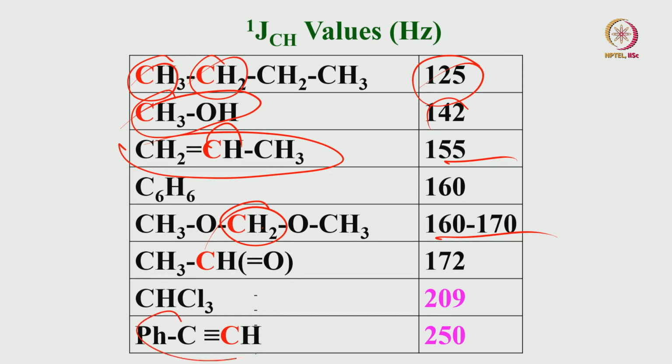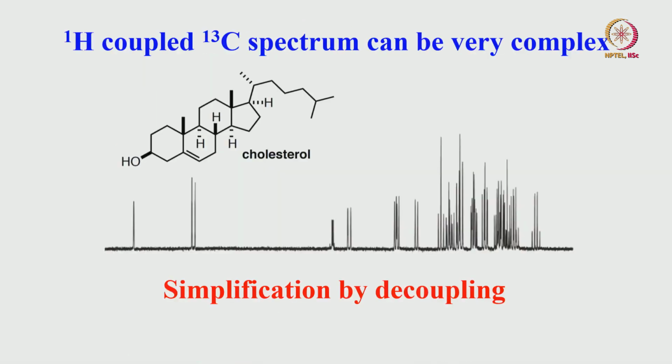Come to this phenyl carbon. See, this is a strange example. In the phenyl group, the carbon is attached to another triple bond CH. The coupling can be 250 hertz, quite large. Take for example CHCl3, coupling is close to 210 hertz. So, this is how we know the strength of the 1 bond couplings of different carbons to their directly attached protons.